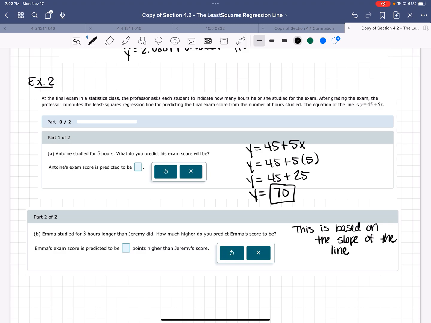Okay, so I'm going to show you how to get that answer real quick first, and then I'm going to prove it to you. So she studied 3 hours longer than Jeremy did. So that's 3 more that I'm multiplying times 5. What's your slope here? Your slope was 5, right? You take the 5x part, plug in 3. So 5 times 3. We think she'll score 15 points higher.